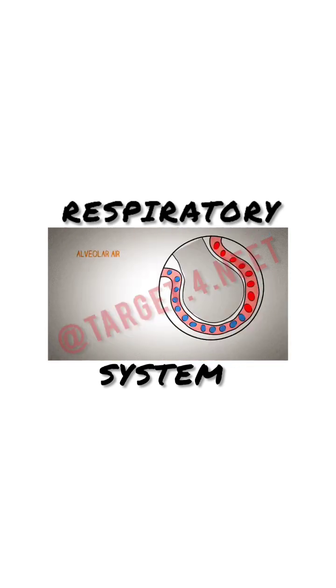If we take a look at the concentration difference of carbon dioxide and oxygen between the alveolar air and the blood, we can see that the alveolar air has a low concentration of carbon dioxide as compared to the blood, which has a higher concentration, whereas the opposite is true in case of oxygen, where a high concentration of oxygen is present in alveolar air as compared to a low concentration of oxygen in the blood.